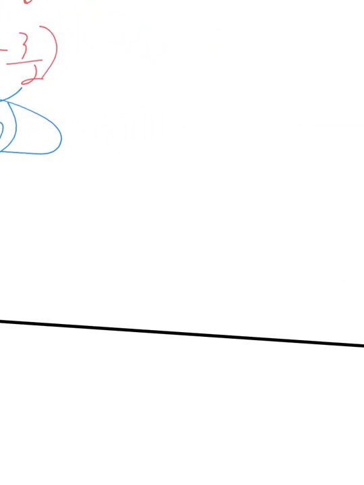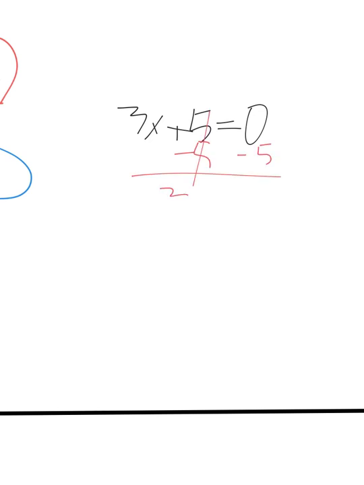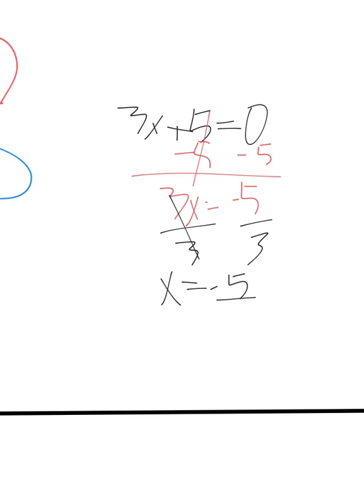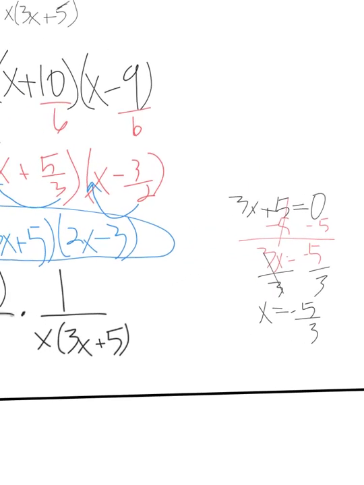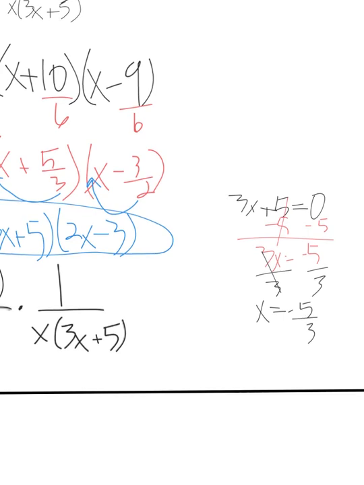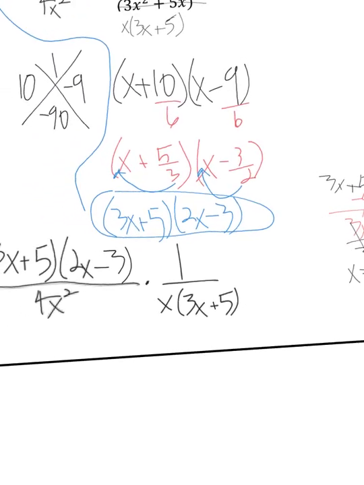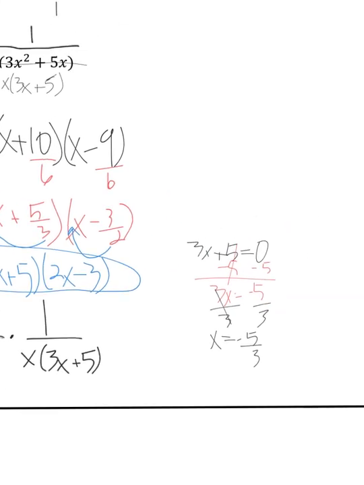You could also take that 3x plus 5 and then write equals 0 and then minus 5 to both sides and get 3x equals negative 5. Divide by 3 and you get x equals negative 5 over 3, which is what I said before. So, either way you want to go about it. But yeah, so we're going to say that x can't equal 0 and negative 5 over 3.